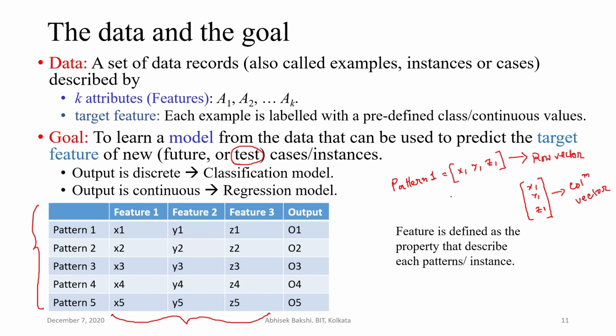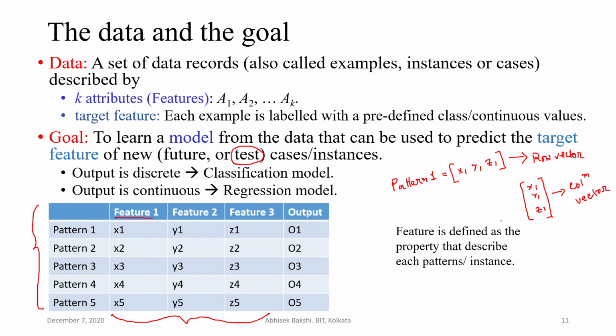Now you see this word has come again: feature. I was telling you in my previous slides that each of x1, y1, z1 is a feature. What is a feature? A feature is defined as a property that describes each pattern or instance. Take an example. Think about the features of a human being.